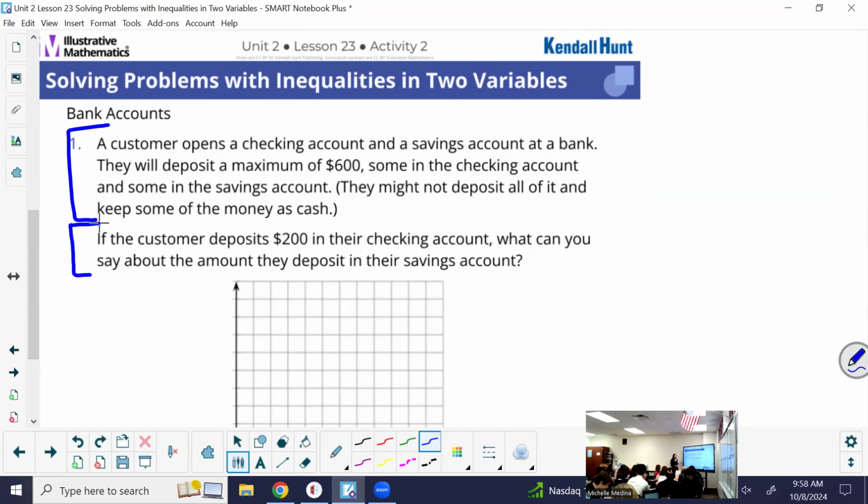Don't confuse it. Okay, so make your inequality, use Desmos to graph it, sketch your graph, label your axes, and then answer the question. I believe we'll go over the first one in about 3 or 4 minutes. Try it yourself, talk about it in your group.